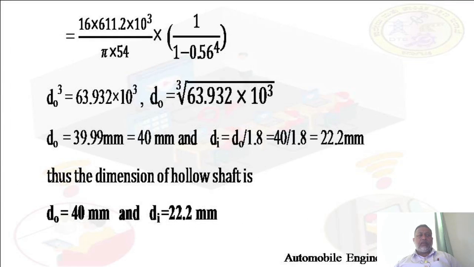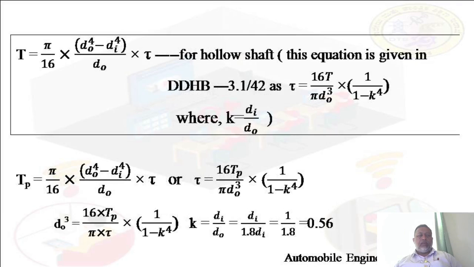After getting the propeller shaft torque, I substitute the values here. That is, d naught cube equal to 16 into Tp by pi into tau into 1 by 1 minus k4. K is nothing but di by 1.8 di, so the value of k will be 0.56.